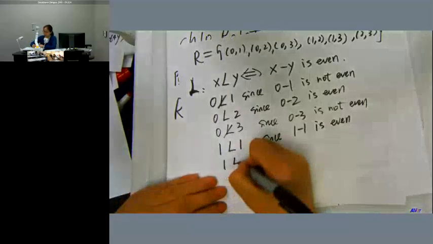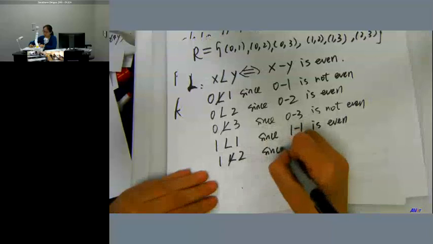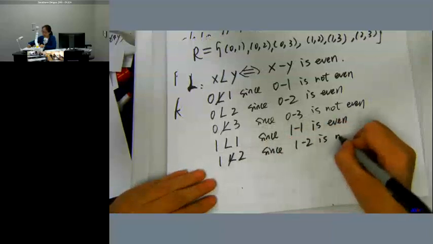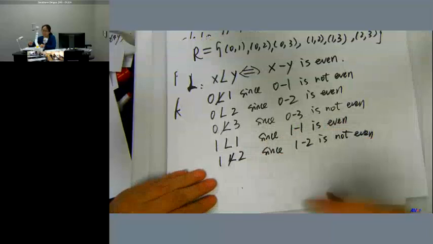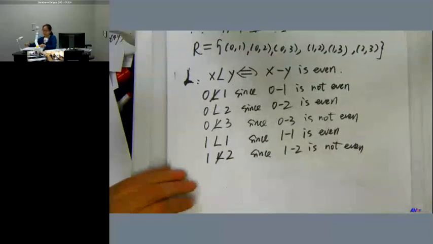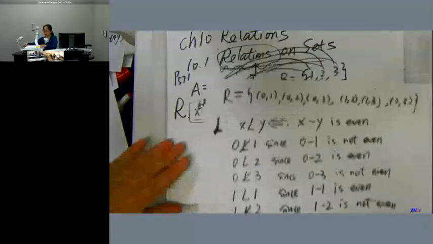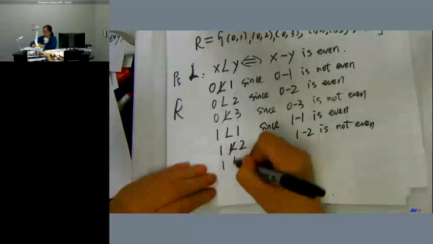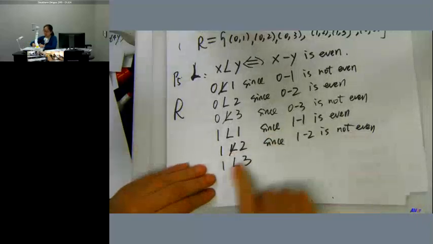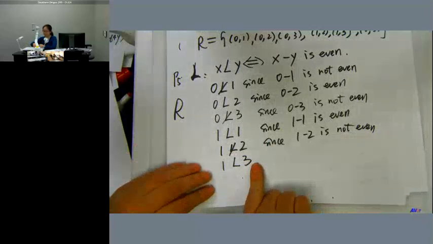So 1 is not related to 2 since 1 minus 2 is not even. Well, to make it easier, I think you get the idea how to do this. I'm just going to write down which ones are related, which ones are not related. So 1 is related to 3 because 1 minus 3 is negative 2, which is even.